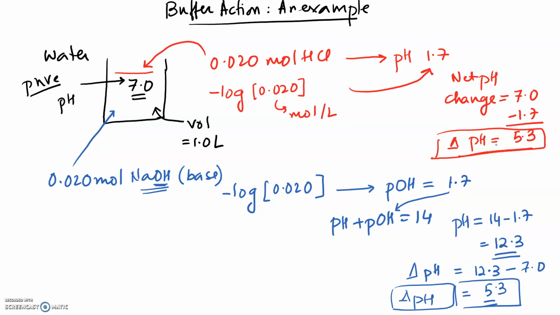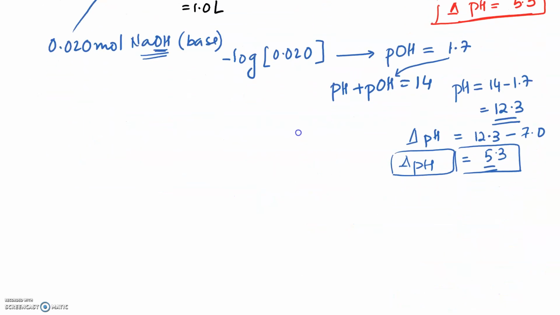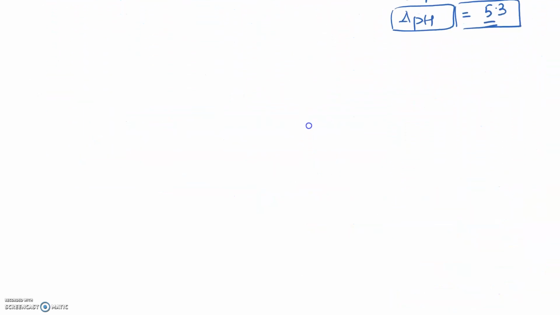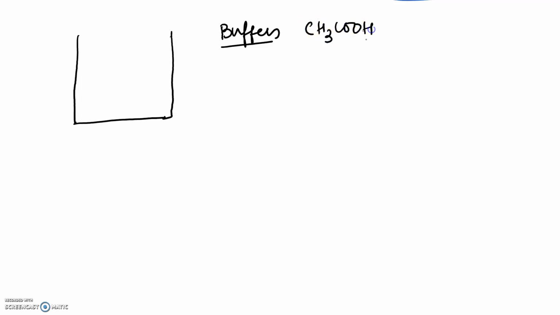Okay, so now if you take a buffer, so that was the case where you didn't have a buffer. Now if you take a buffer, a common buffer solution would be acetic acid, CH3COOH, that's a weak acid.